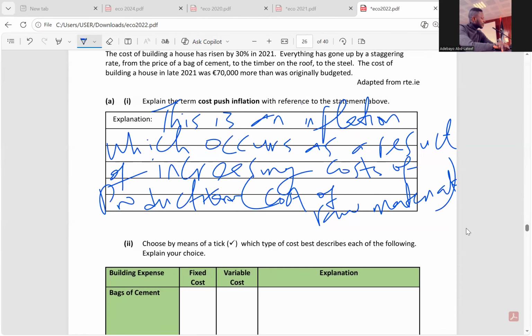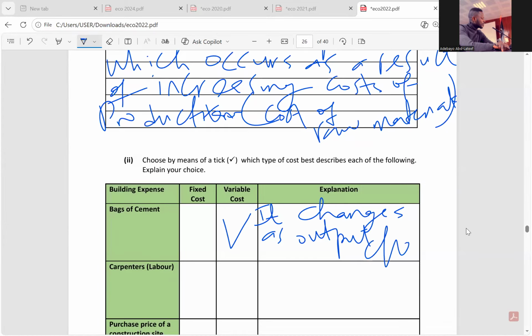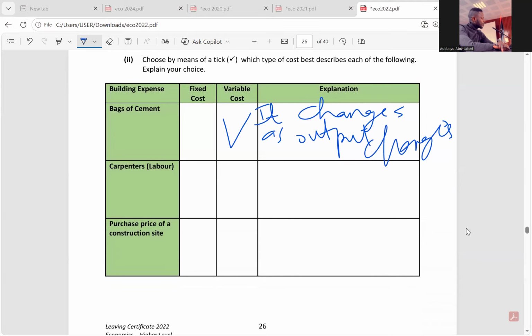Now here it said, choose by means of a tick which type of cost best describes each of the following. Explain your choice. Bag of cement is a variable cost. It changes as output changes. Labor is variable.